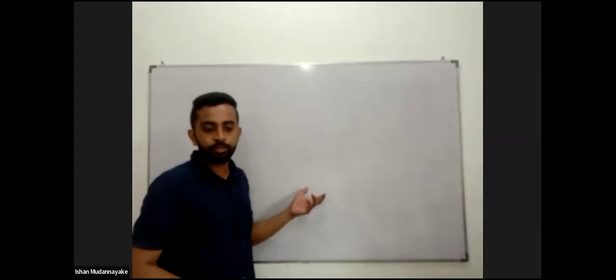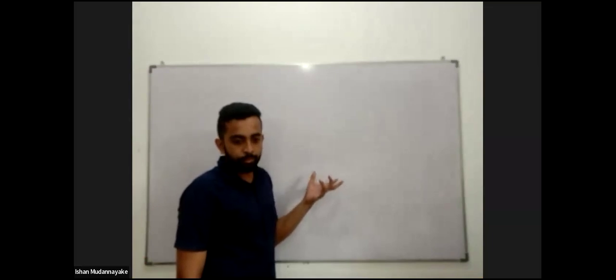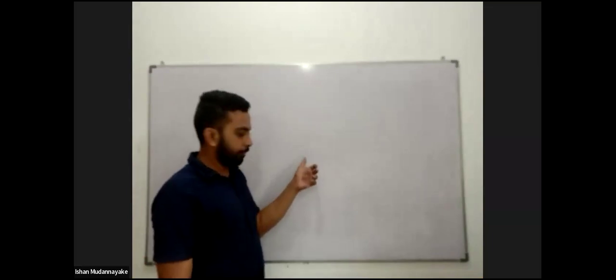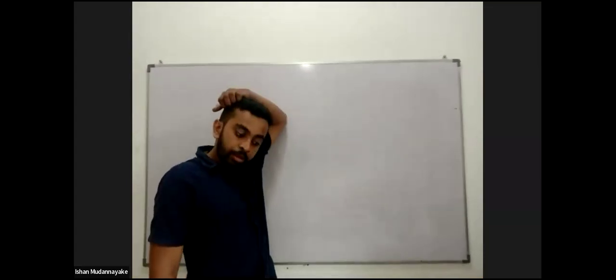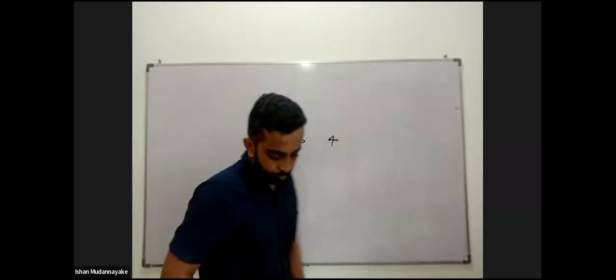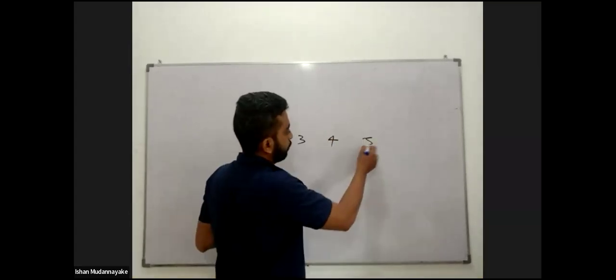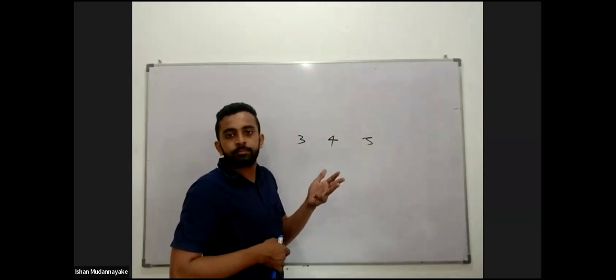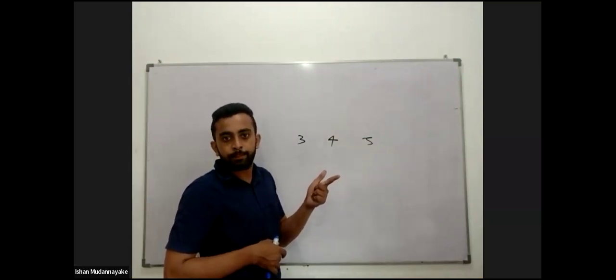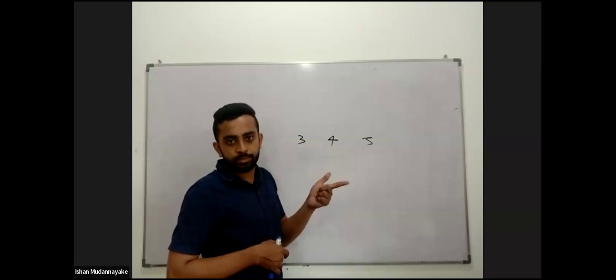You are not doing a job, so you are at home and you have time. Please complete question number 3, 4, and 5 at home. In these questions, I need the accounting equation, ledger accounts and trial balance.